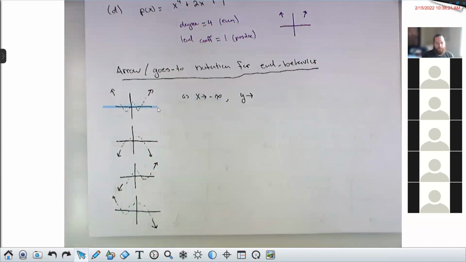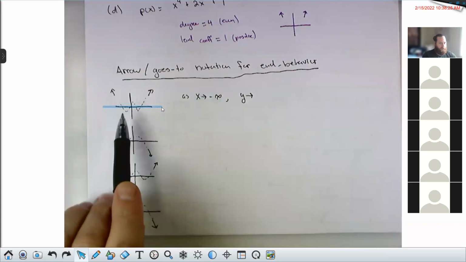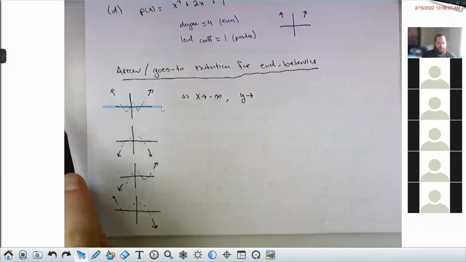Remember, the x-axis is the horizontal axis, and negative infinity is like really far in this direction. So what we're describing here is the left arrow. When I say as x goes to negative infinity, I'm talking about what this function does for very, very large negative values of x.